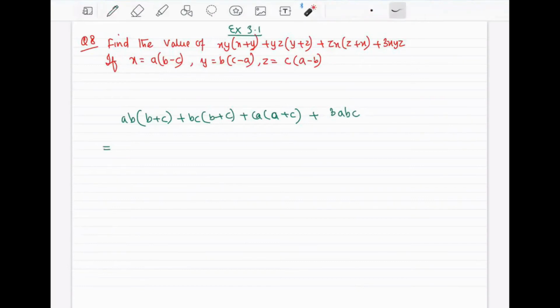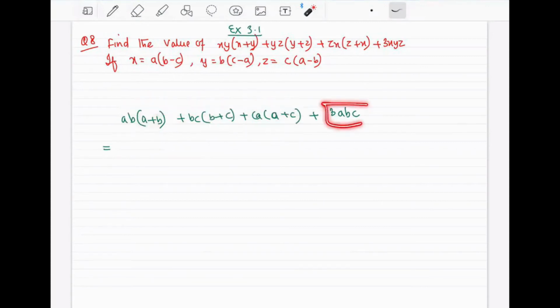Remember, you just have to multiply all the factors by opening the bracket. We obtain ab square. Should not be bc, b plus c also. Made a lot of mistakes today. This is a plus b. So for this type of factorization, what we are supposed to do is multiply by opening the first brackets. You multiply like this, distributive property.